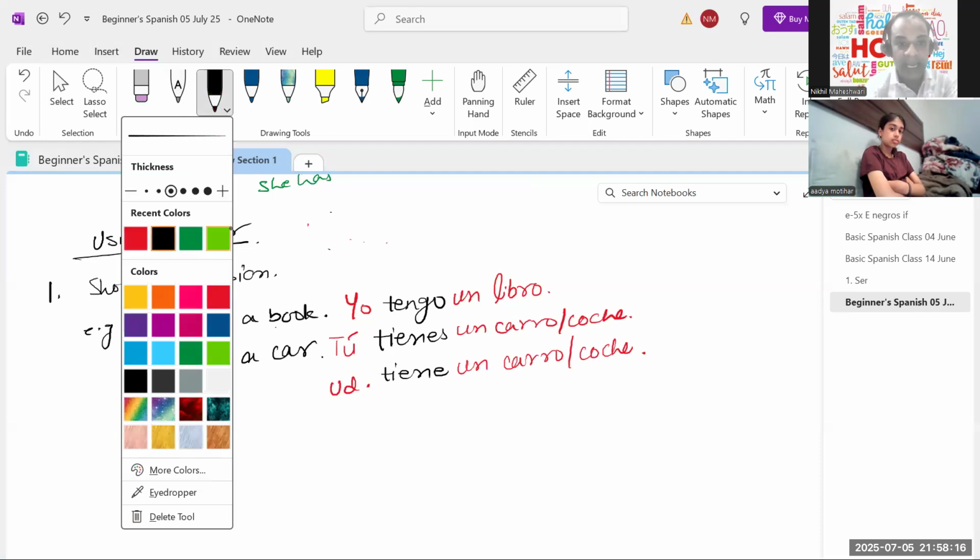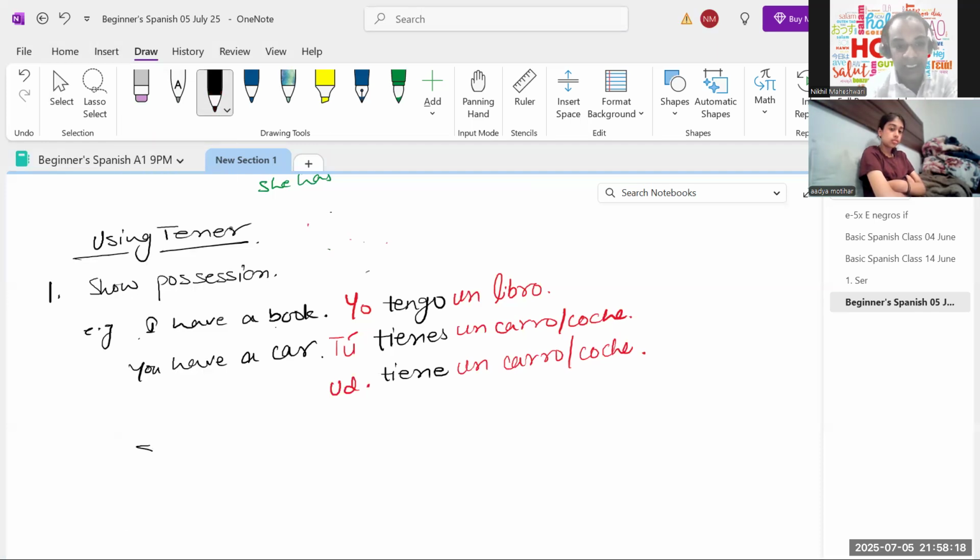I had another sentence here. She has a cat. So how would I translate this? I would say ella. And what would be the conjugation for ella? Ella tiene. Exactly. Very good.